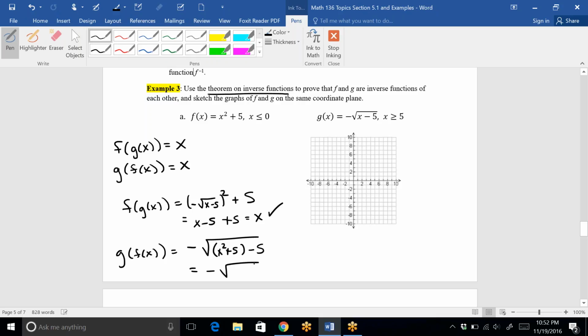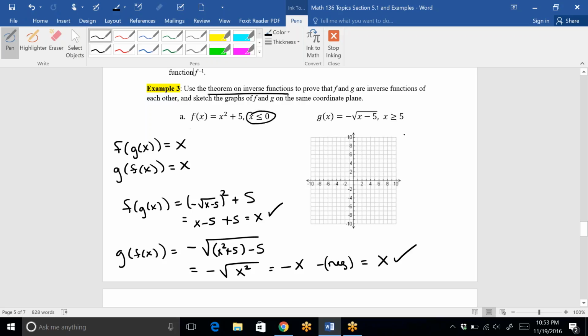We get that this is negative square root of x squared, which makes you think that is negative x, and it is, except remember in our domain of the function we plugged in, all x's are less than or equal to 0. That means that this is a negative negative. So that actually means it's positive x. So by the theorem, these two actually are inverse functions.